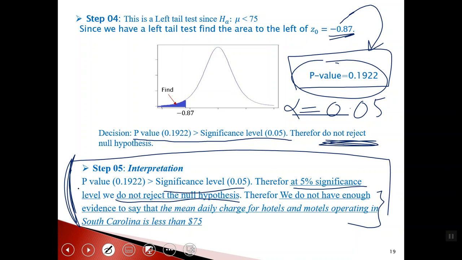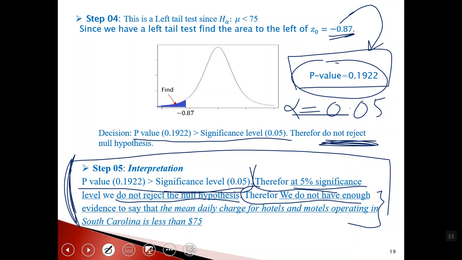Simply mention what happened, which one is greater, under what alpha level, and why we do not have enough evidence to say that. We do not have enough evidence for your claim because we do not reject the null hypothesis, so you cannot claim that your claim is correct.